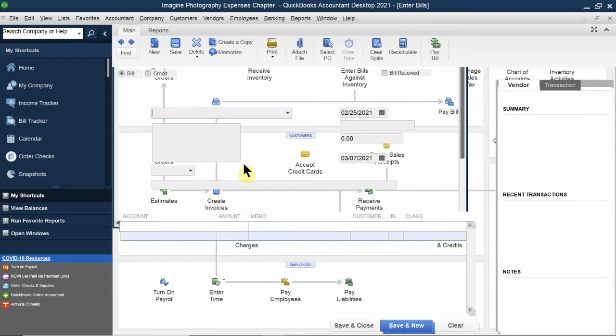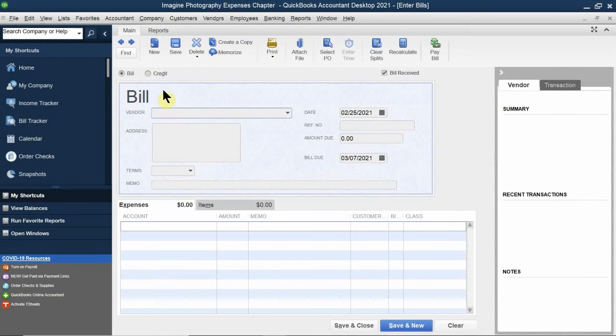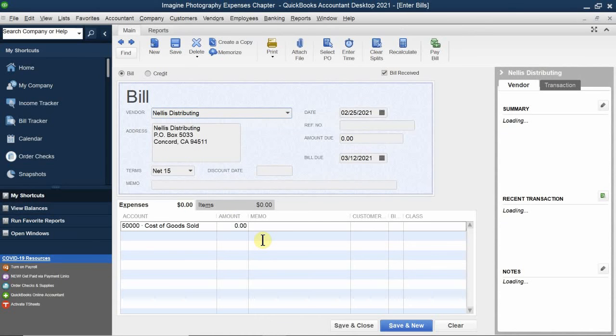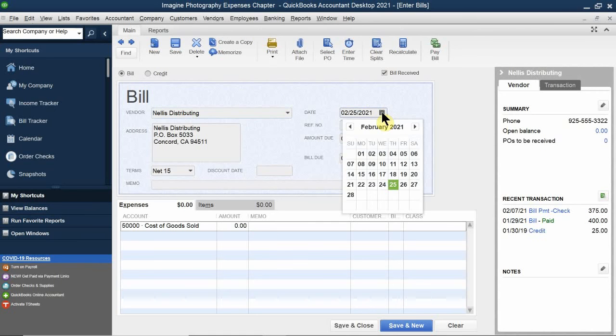Let's enter a bill saying that we got a bill from Nellis Distributing on the 17th of February.